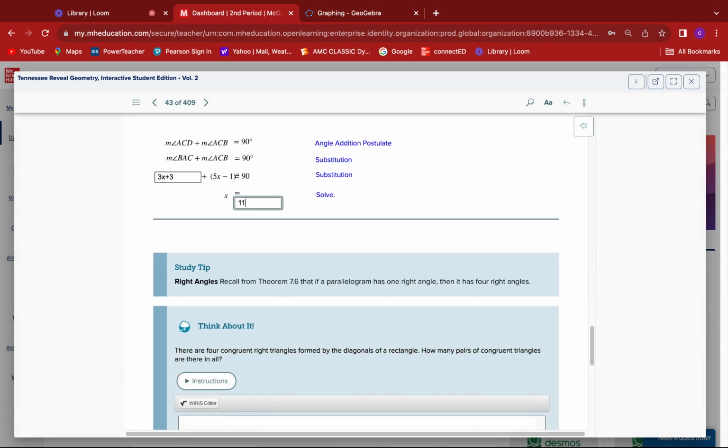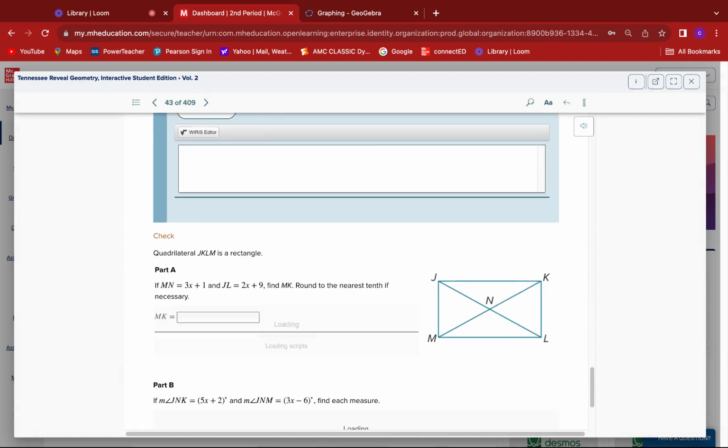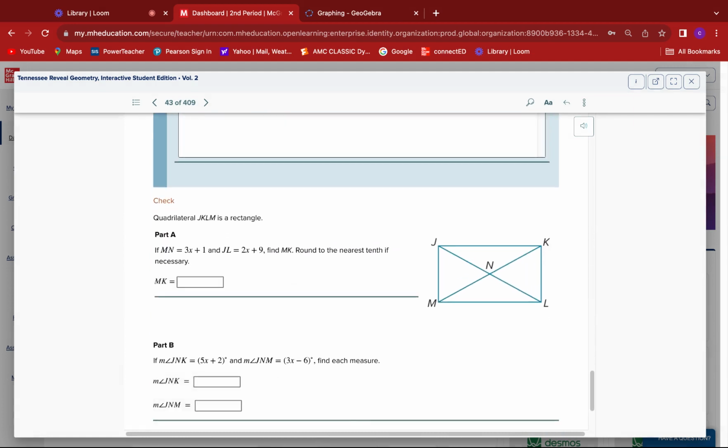All right, so we are now going down to the bottom of the same page in your workbook, page 430. We've got a quad. It's a rectangle. MN is this little bisected part of the diagonal, JL, oh, the full diagonal. It's a trick question. Find MK. No problem.